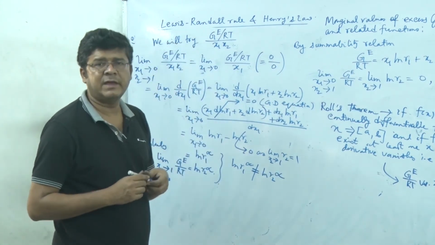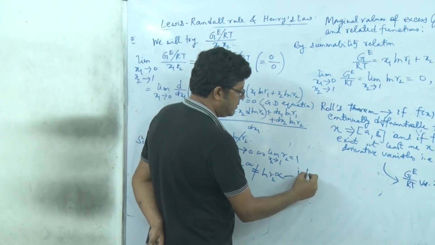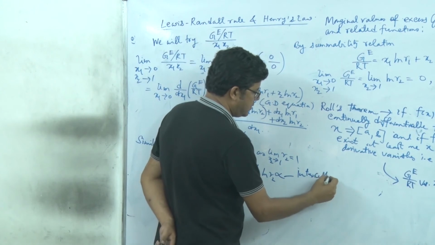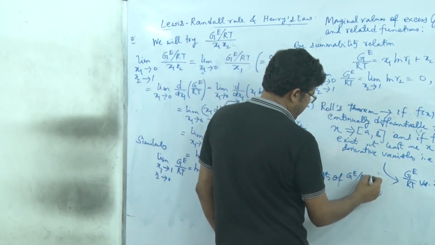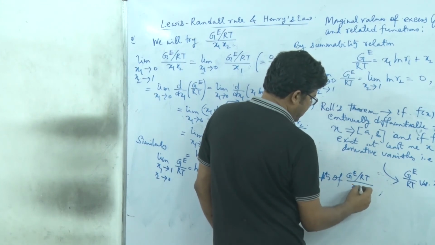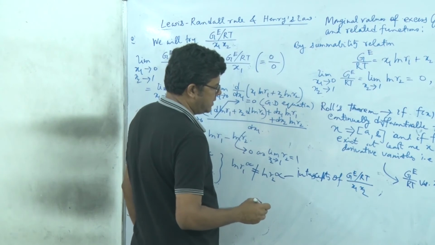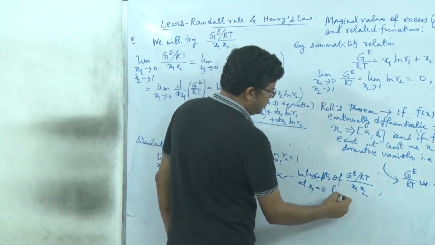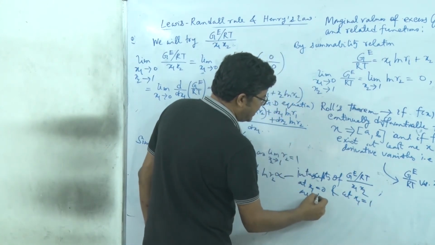So at least we can say that the intercepts of G by RT at x1 equal to 0 and at x1 equal to 1 are different.